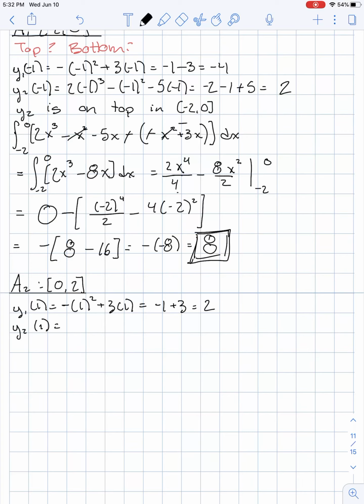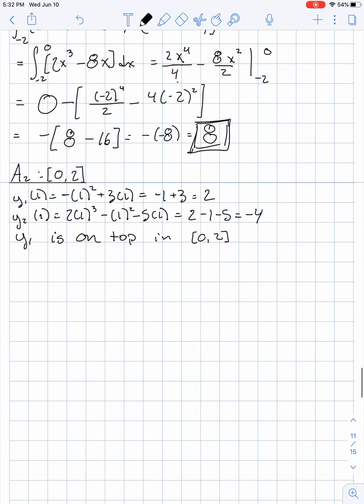And y2 at 1 is going to be 2 times 1 cubed minus 1 squared minus 5 times 1. So that is 2 minus 1 minus 5. 2 minus 1, which is going to be 1, minus 5 is negative 4. So now y1 is on top. So they did switch top and bottom.